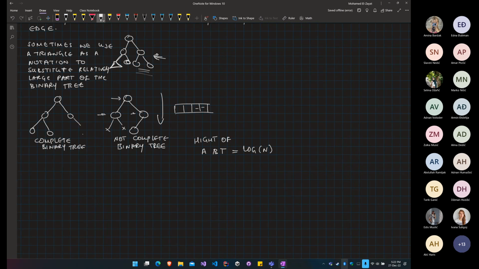Because if you have something like this, so you have 1, 2, 3, and here how many elements? 1, 2, 3, 4, 5, 6, 7. So you have 7. I'm missing something, but in any way, it's always log n. So this is the height of the binary tree.